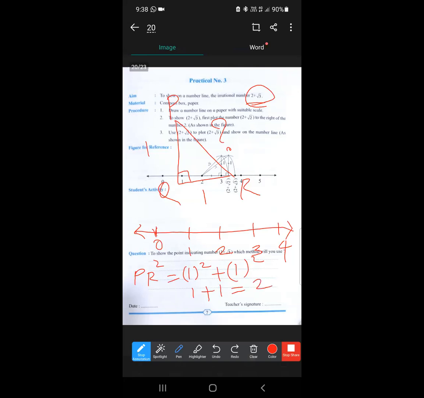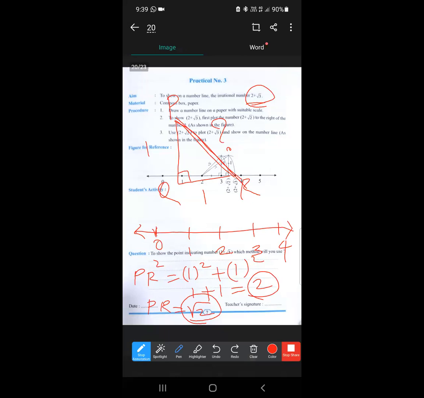So PR square equals 2. We don't want the square, we want PR, so we take the square root on both sides. PR is equal to root 2, because 2 is not a perfect square. So this root 2 is an irrational number.